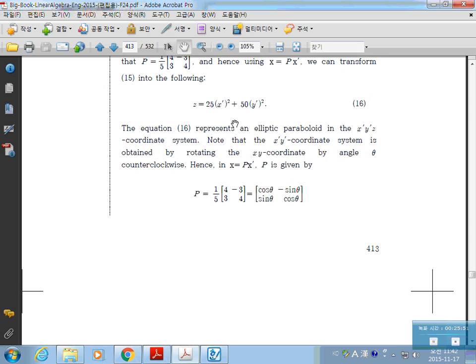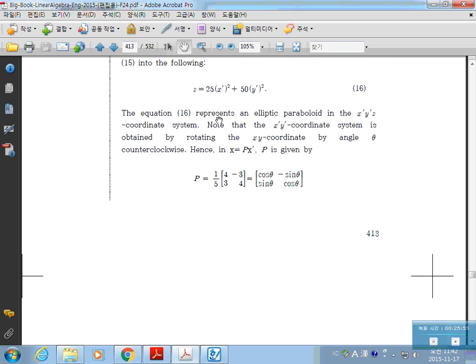Okay, we continue the analysis. This equation represents the elliptic paraboloid in the x prime, y prime, z coordinate system. Note that this x prime, y prime coordinate system is obtained by rotating the xy coordinates by angle theta counterclockwise. Hence, x is equal to P x prime, where P is given in this way.